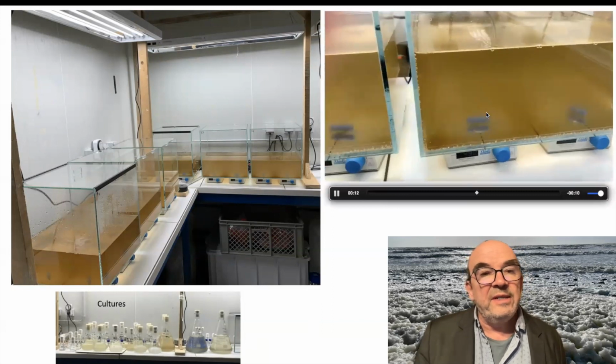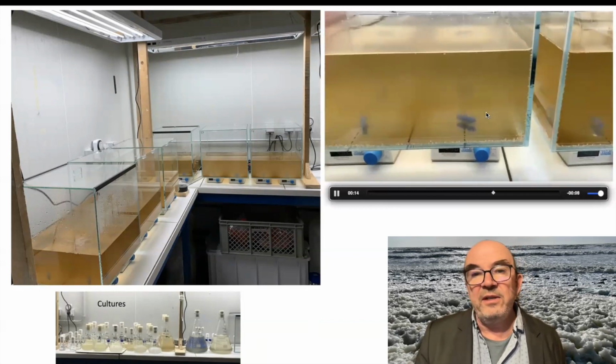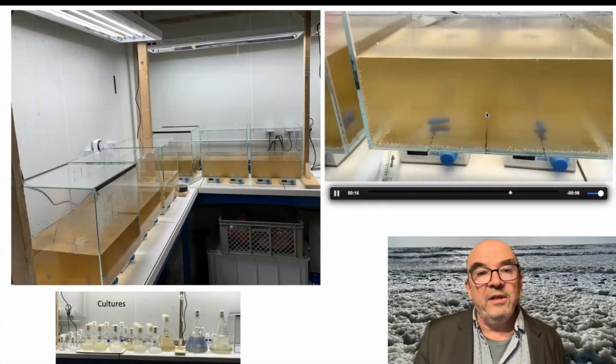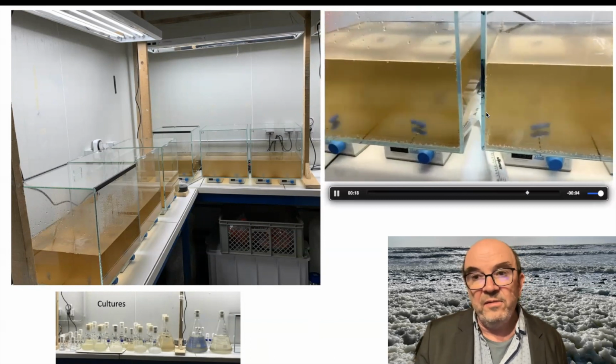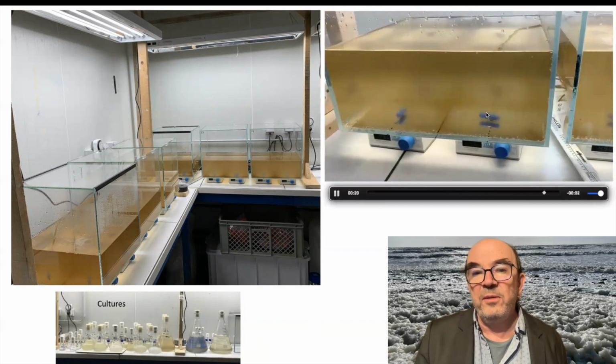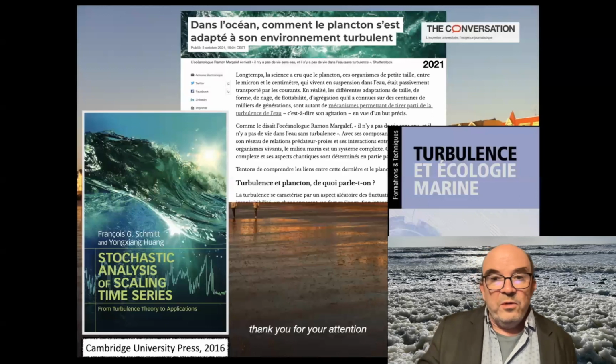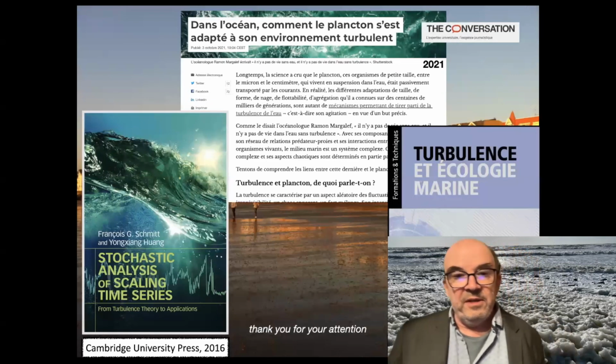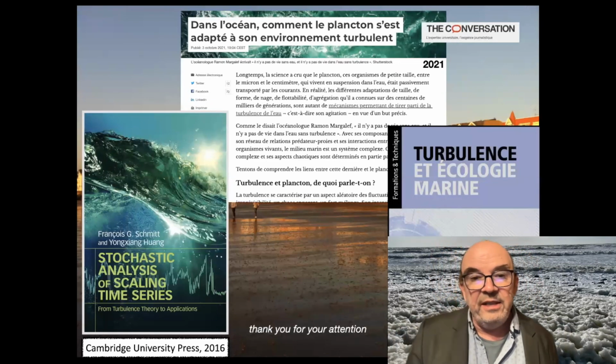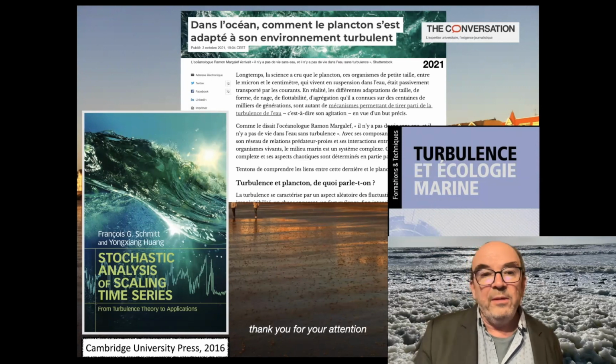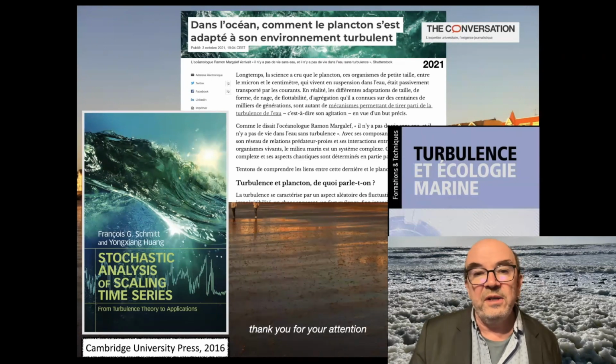So we have different systems, and we can see the stirrers, and each tank has different values of the Reynolds number. So that's all for this application and this idea of doing experiments in the lab in order to reproduce the turbulence and to make some turbulence experiments and to do also ecosystem studies using turbulence in the lab.